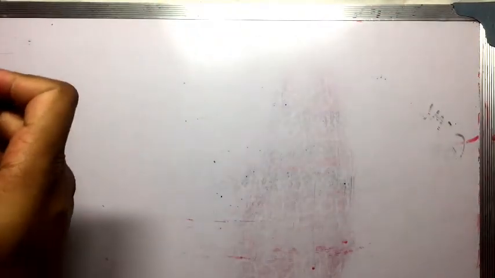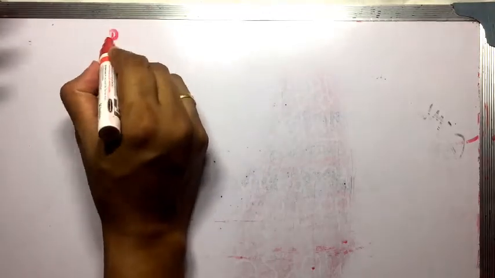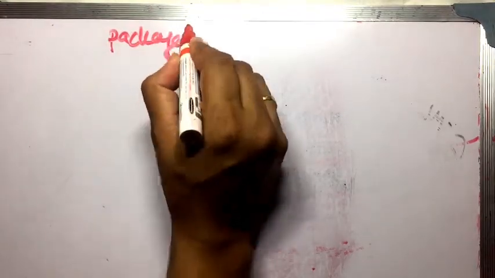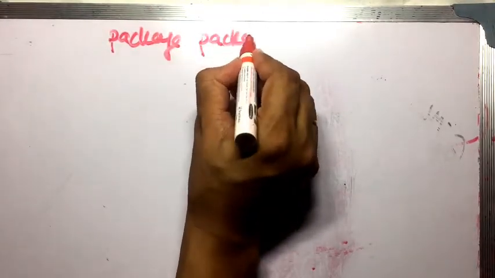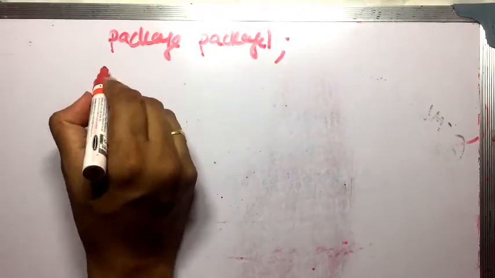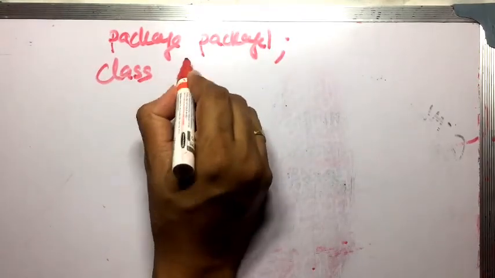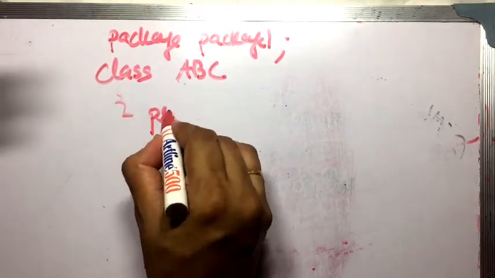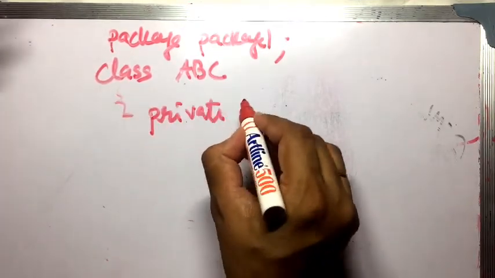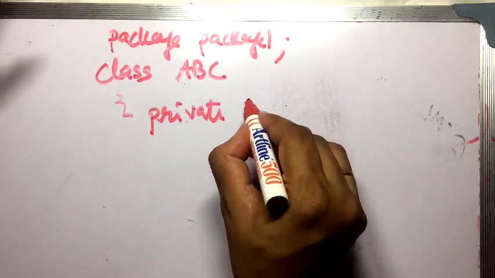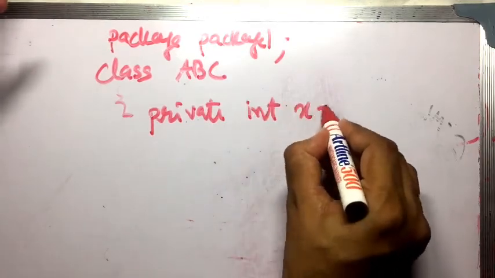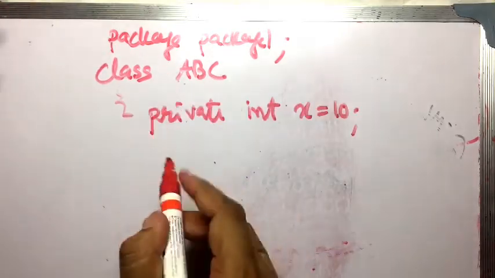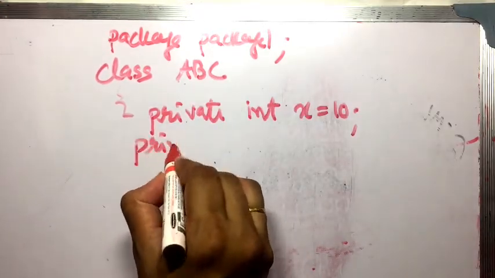Now the example. Suppose the package name is package1, and the class name is ABC, and within the class there is a private data member, integer x equal to 10, and there is a private method.